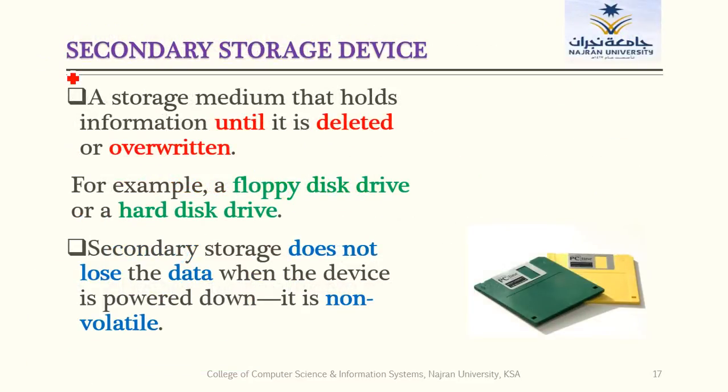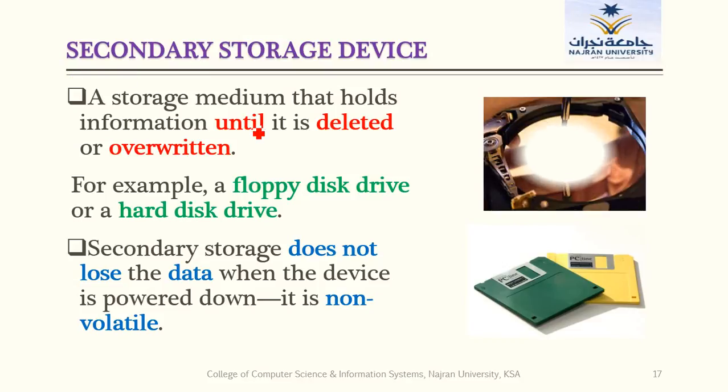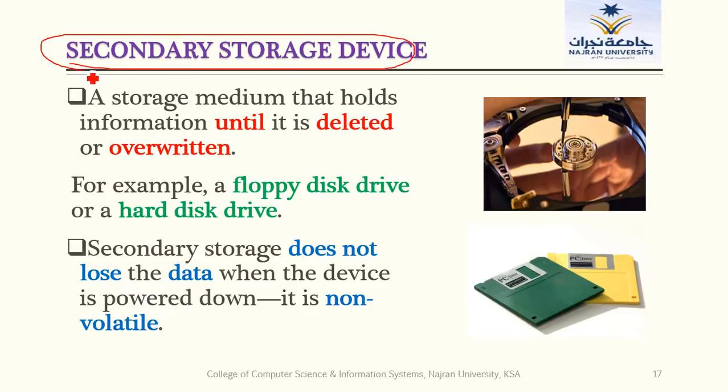Now we will have some discussion about secondary storage devices. Okay. A secondary storage device is a medium that holds information until it is deleted or overwritten. So these are permanent storage. If you want to store any data permanently, if you see this figure, this floppy drive, these are examples of permanent storage.